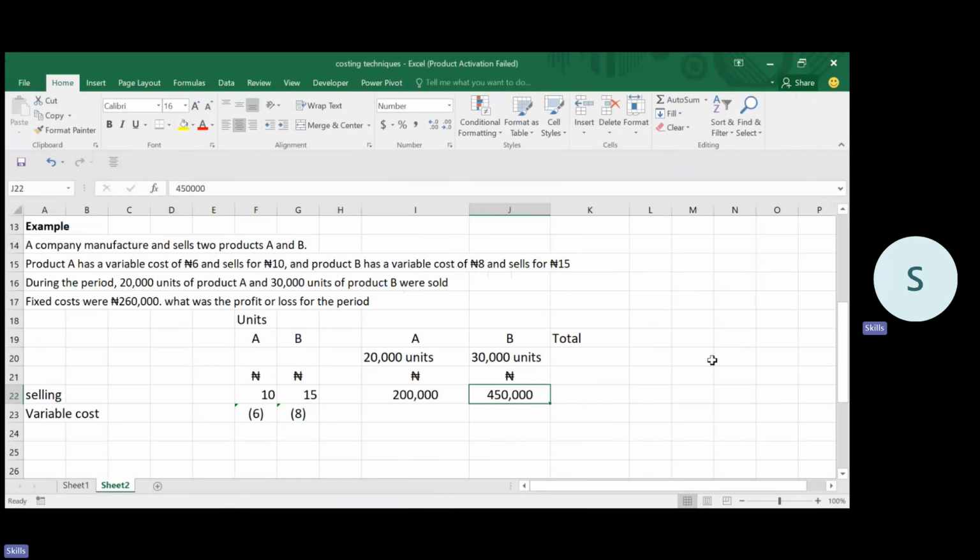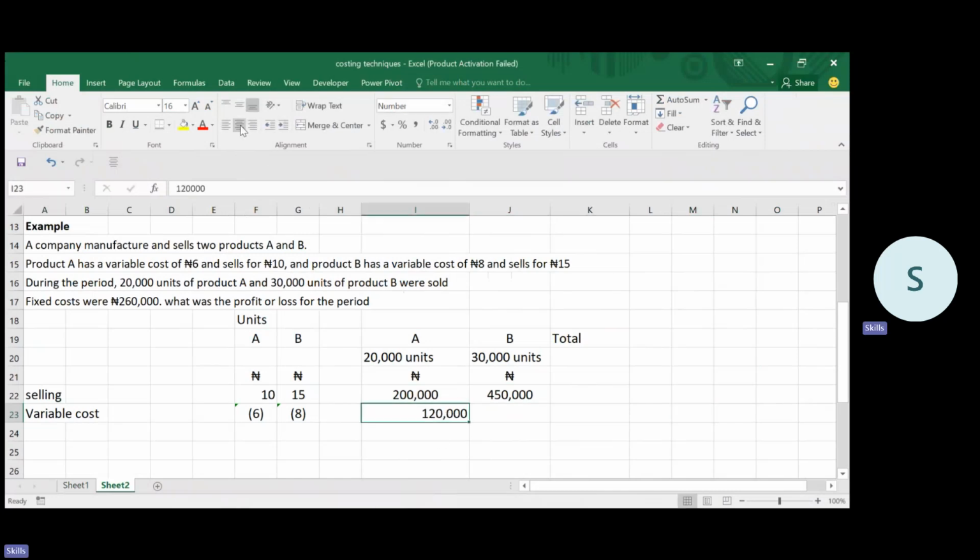Then for the variable cost, the variable cost for A is 6 naira, and we have 20,000 units. So 120,000 naira.